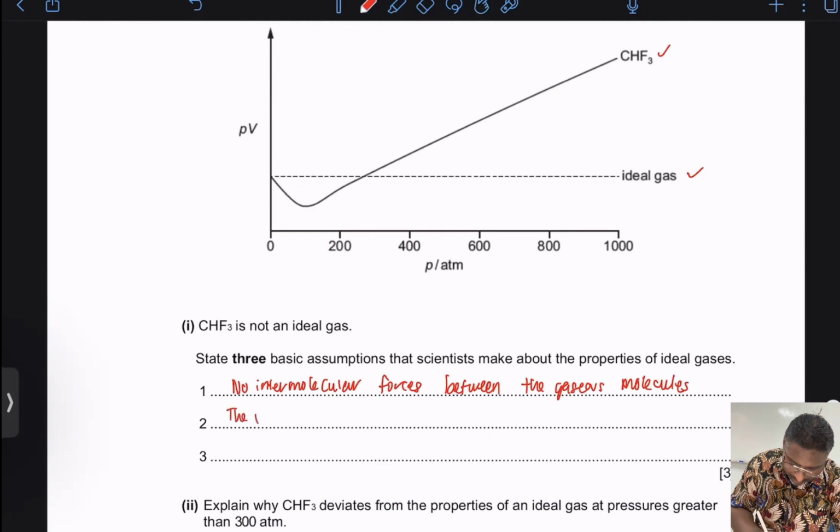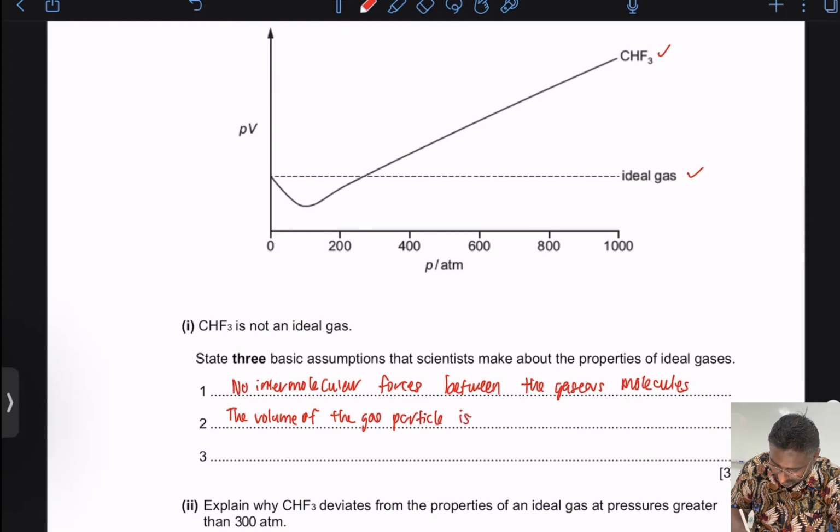Then the volume of the gas particle, be specific. The volume of gas particle is negligible because the distance between the molecules is too big.